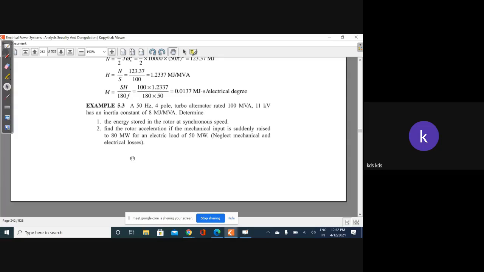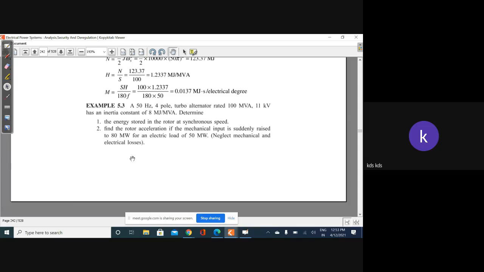So in this numerical, you can see that a 50 hertz 4-pole turbo alternator rated at 100 MVA, 11 kV. Inertia constant is 8 megajoule per MVA. So you can see F is 50, number of poles are 4, G, the rating is 100 MVA, 11 kV.